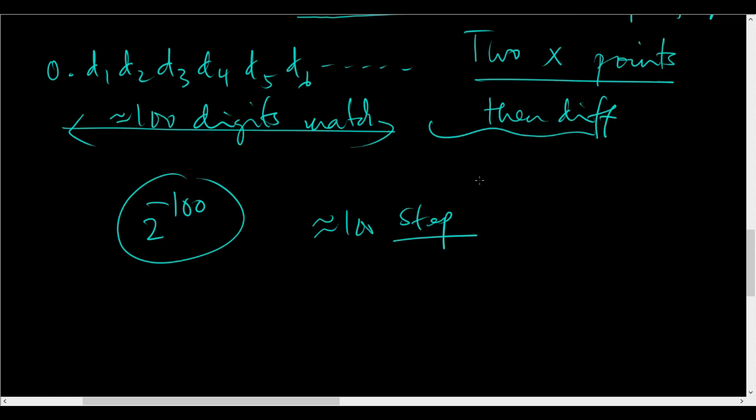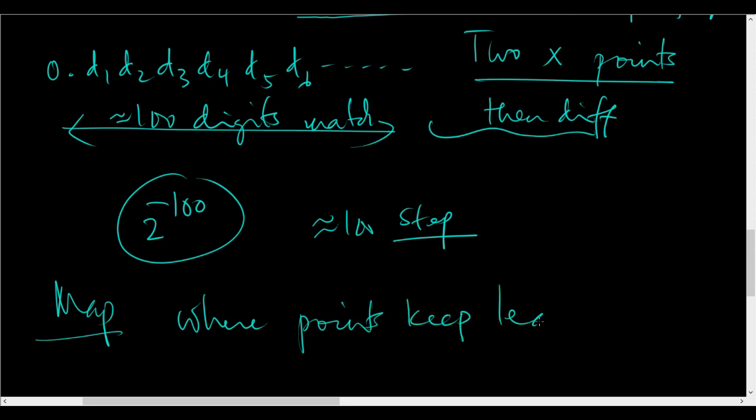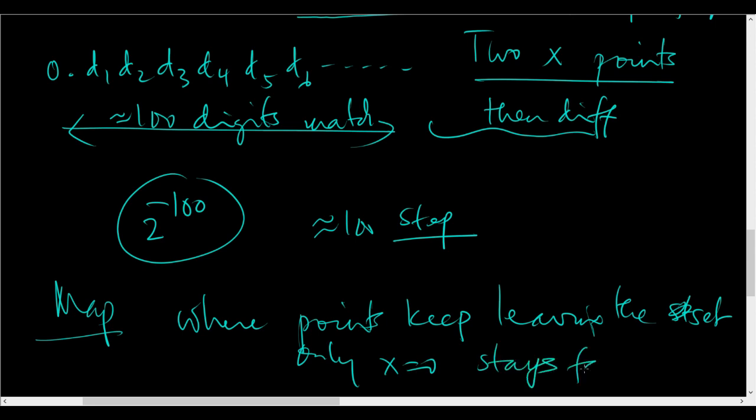However, it's not an attracting set. Points keep leaving the set. So this is a map where points keep leaving the set, and only x equals 0 stays forever.